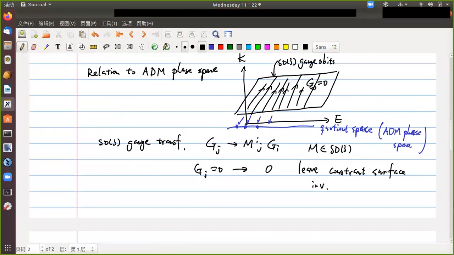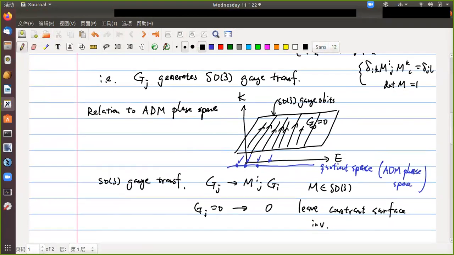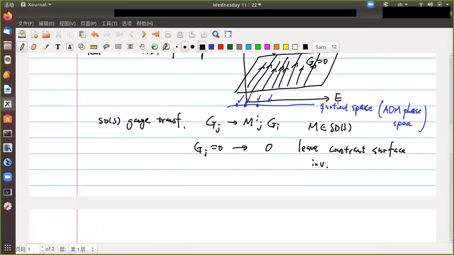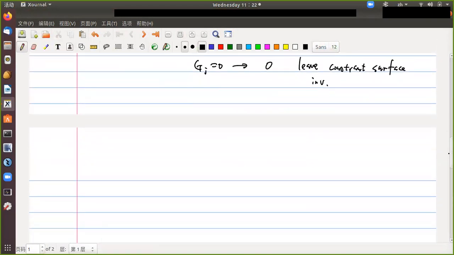Okay, with the preparation of this extended phase space, we can take a further canonical transformation to the so-called Ashtekar new variables. These are the variables we often use for the quantum theory.